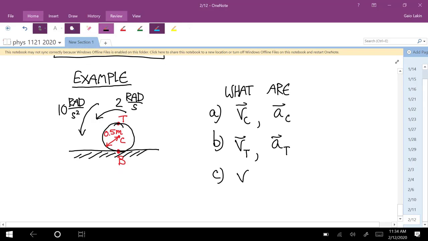And then the velocity and acceleration of the bottom. Okay.